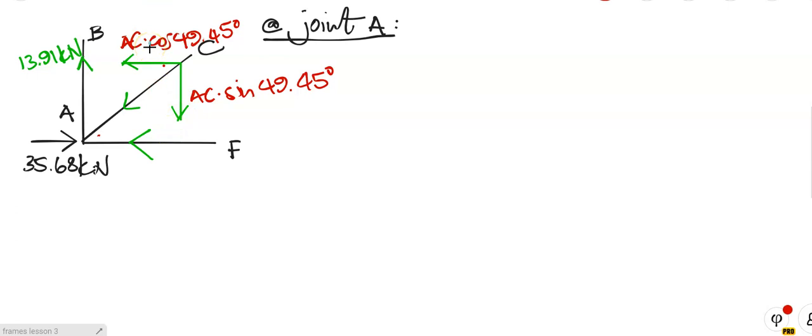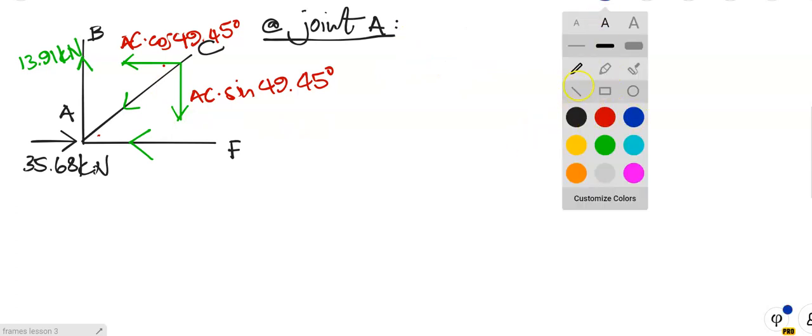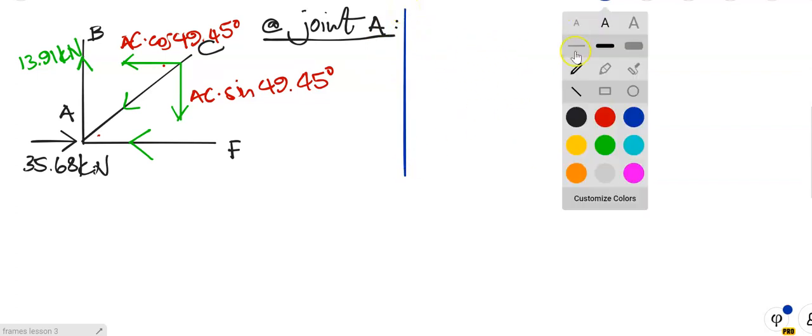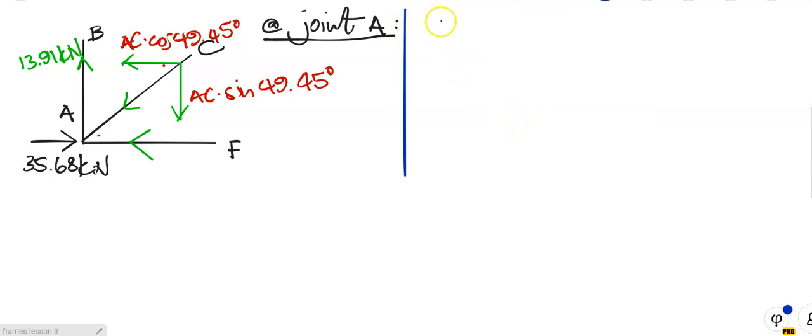Right, solve verticals, solve horizontals. Where am I going to start? I'm going to start with the verticals first because we know this one, and now we can find AC. So I'm going to say, right, the sum of the verticals is equal to 0.